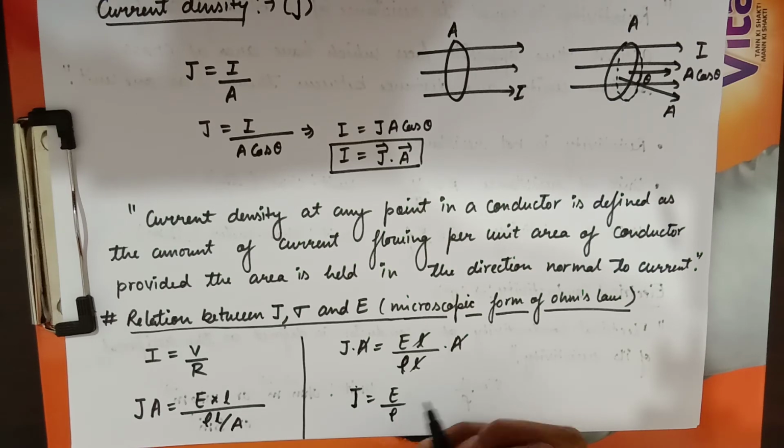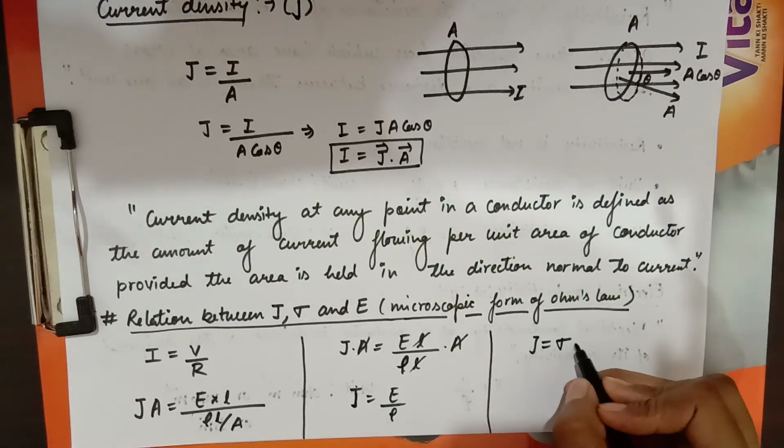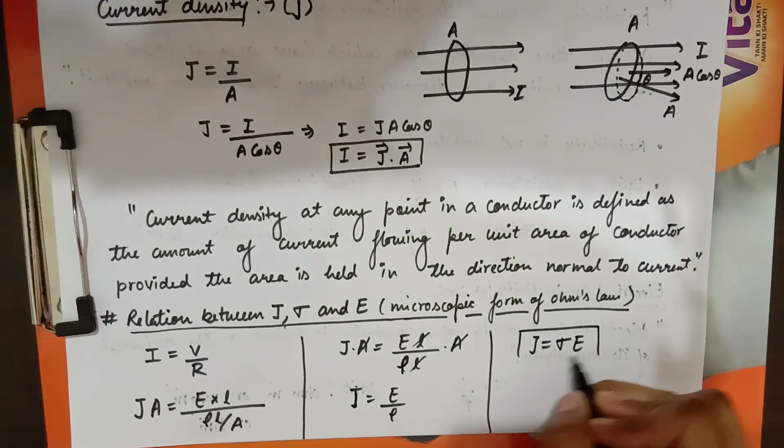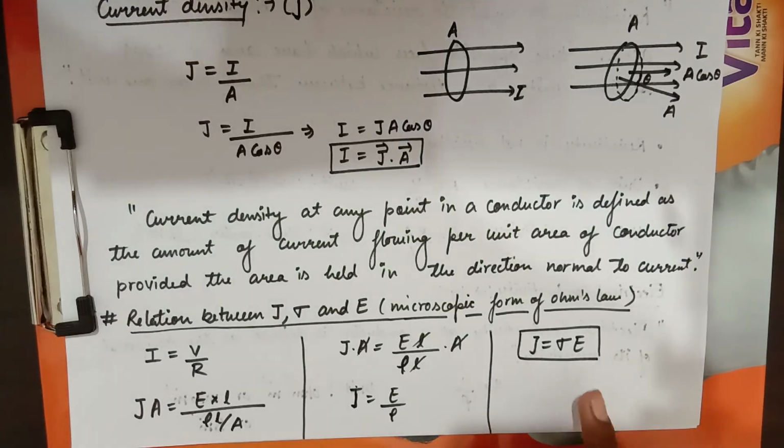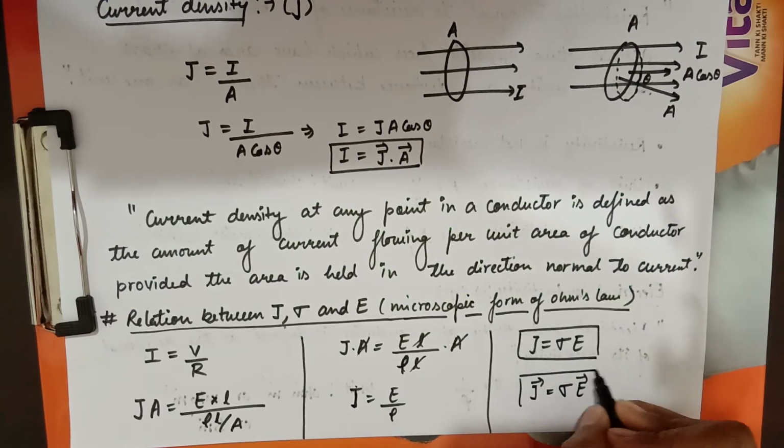So we need sigma here. Sigma is conductivity and sigma is equal to 1 divided by rho. So J is equal to sigma into E. This is the relation between J, sigma and E, or in the vector form, J is equal to sigma into E vector.